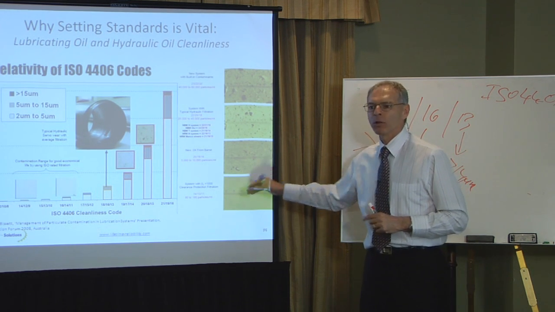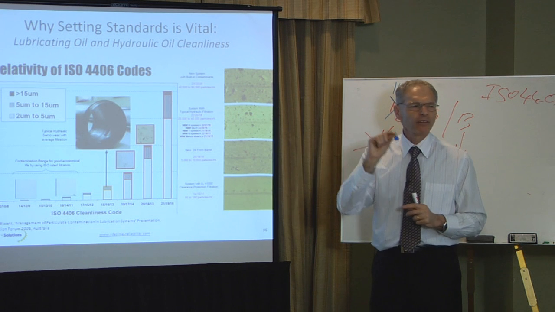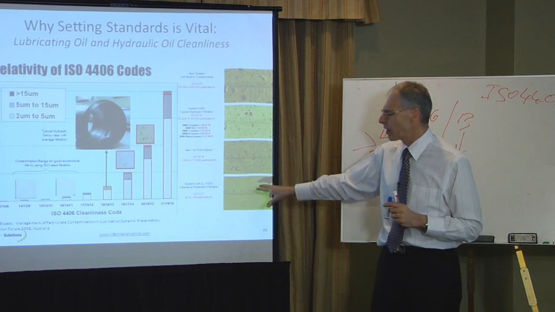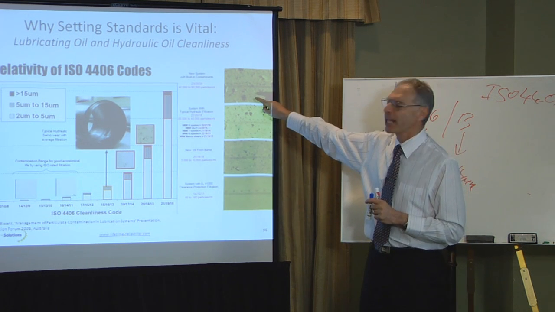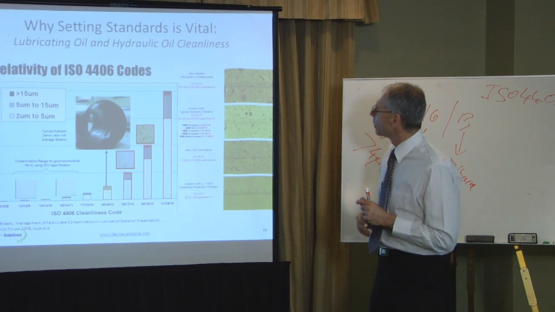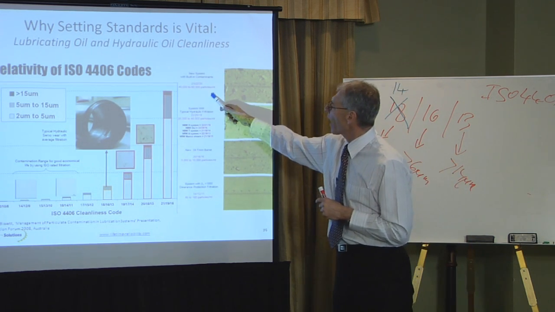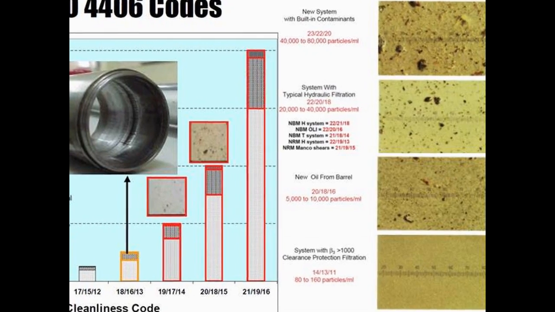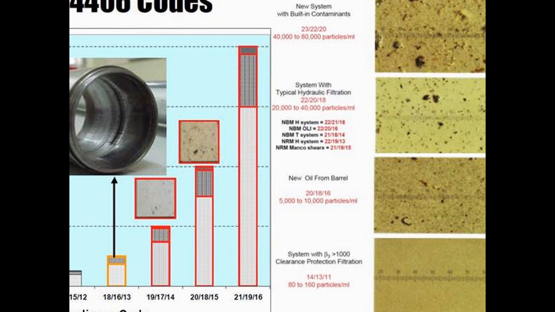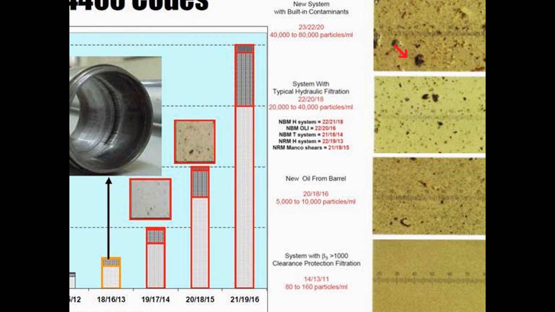Now, there will be wear particles in the whole circuit, but very, very low numbers, right down to the hundreds per millilitre. Here we're in the tens of thousands per millilitre. So between 40,000 and 80,000 particles in a millilitre of oil. Millilitre is about 20 drops. So 80,000 particles of this nature in 20 drops of oil. Here in 20 drops of oil we're down to only 160 particles.